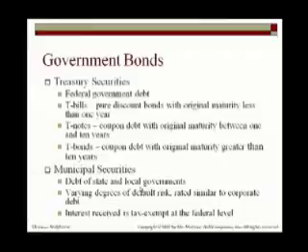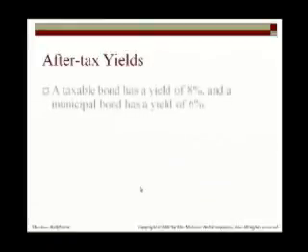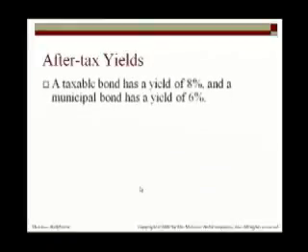Okay, generally, because of the separation of the federal government and the state governments, the federal government does not tax state income, and the state government does not tax federal income. So interest received on municipal securities is generally, and I say generally, exempt from federal tax because there are specific rules. We talk about an after-tax yield.